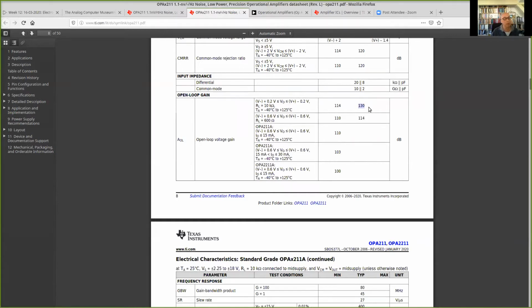And remember, 120 dB is 1 million, and 10 dB is the square root of 10, about 3.16. So this is 3 million. The DC gain is 3 million and drops to 1,500,000. This is 500,000 if you would put it in a linear scale.